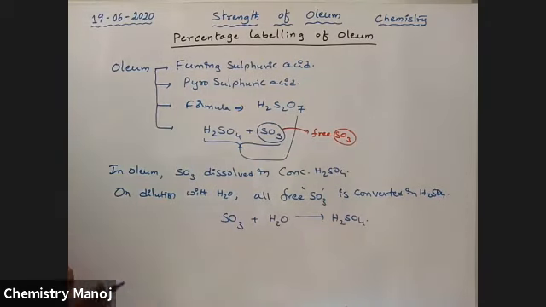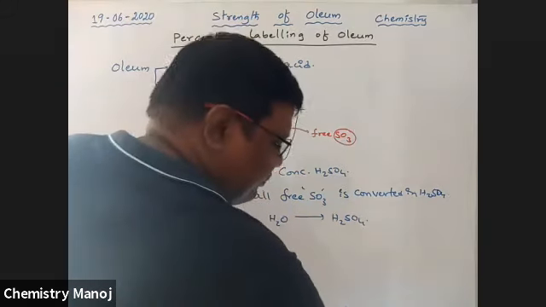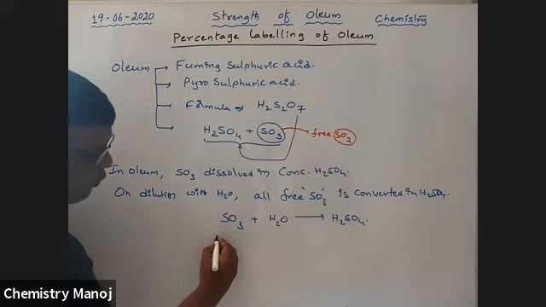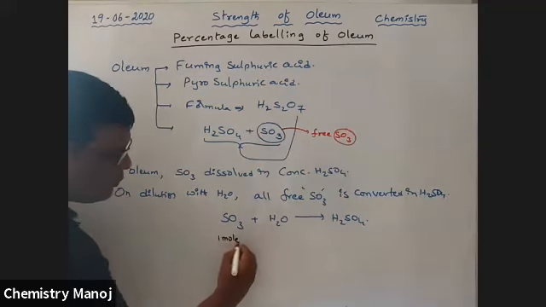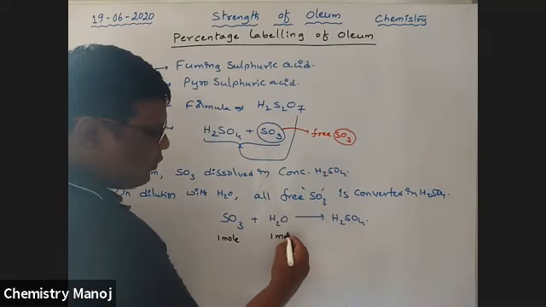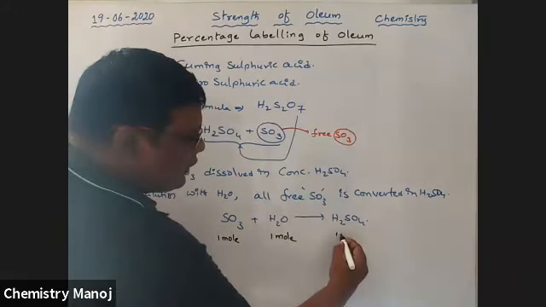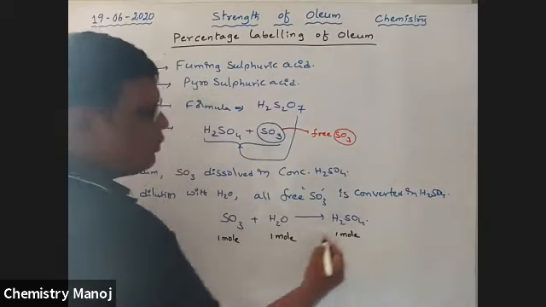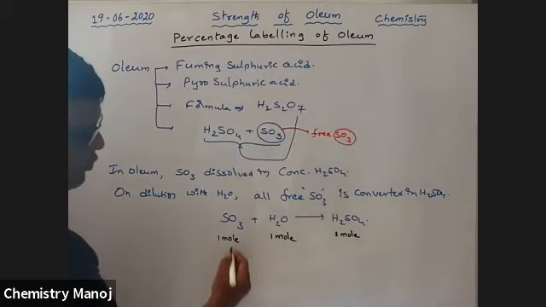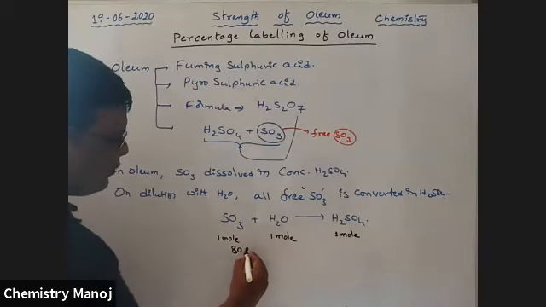From this balanced equation, we identified that 1 mole SO3 reacts with 1 mole water and gives 1 mole H2SO4. 1 mole means molecular weight. The molecular weight of SO3 is 80 grams.